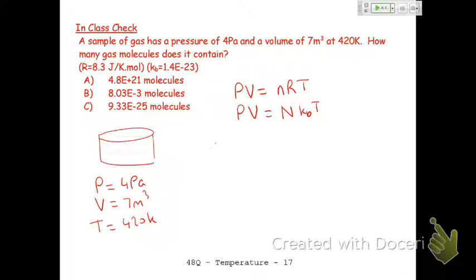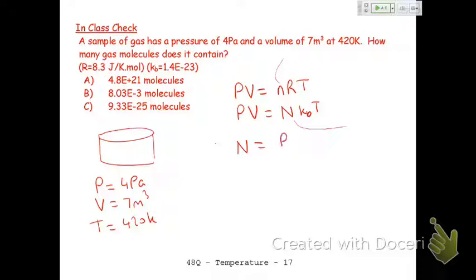And the way I remember it is, it doesn't take much ink to write a little n, but it takes a lot of ink to write a big N. There's a lot more in a big N than there is in a little n. There's a lot more particles in a gas than there are moles of particles in a gas. So that's my little way. So then I want to know how many gas molecules is that?